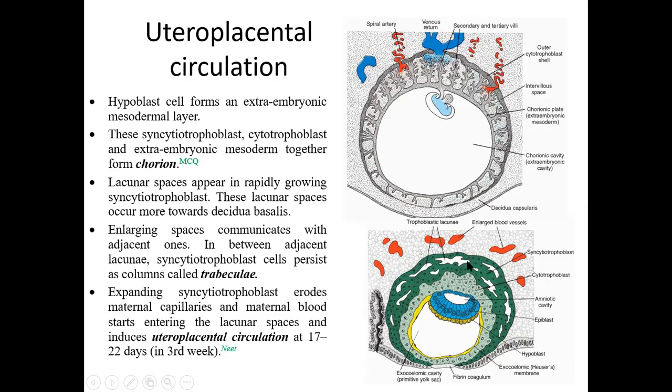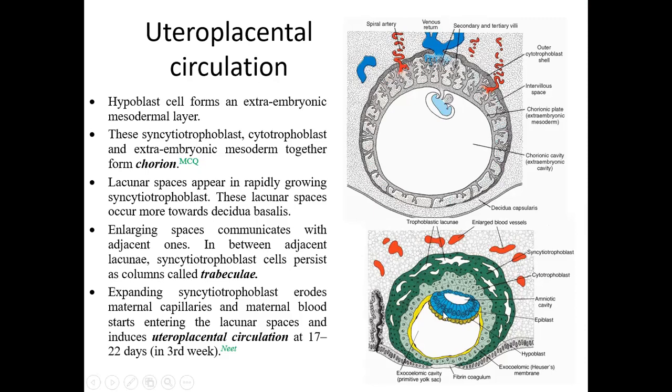Now the enlarging spaces will communicate with adjacent ones, and in between the adjacent lacunae, the syncytiotrophoblastic cells persist as trabeculae. Now the expanding syncytiotrophoblast will erode the maternal capillaries present in the maternal endometrium, and the maternal blood will start filling these lacunar spaces, and now it will induce the uteroplacental circulation at day 17 to 22.